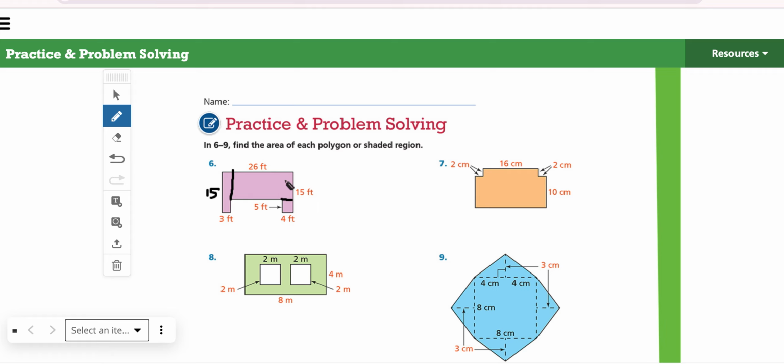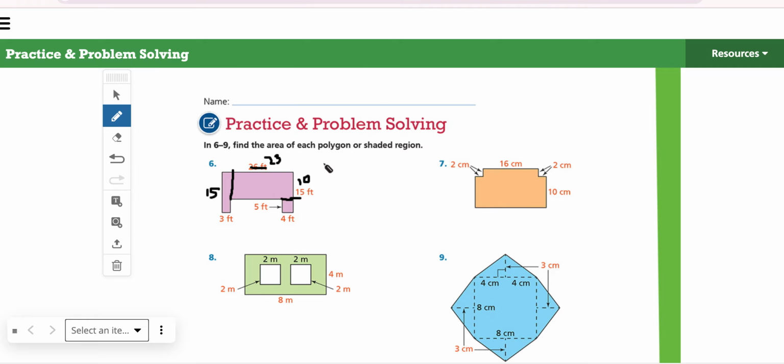And then here is going to be 26 minus this 3 that we cut here. So this is going to be 23 now, because I cut this 3 from it. And then this part over here will be 15 minus this 5, so this will be 10. Because remember, from here to here is 5, so 5 plus 10 is 15.